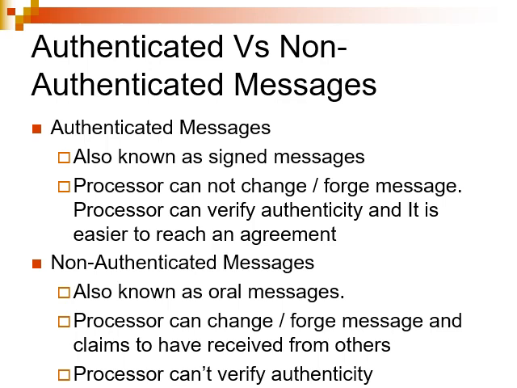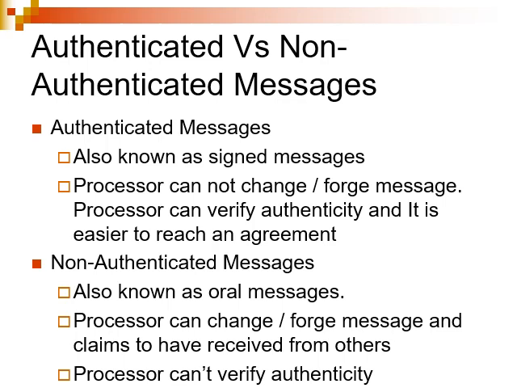It may be signed by digital signatures, or some other cryptographic method can be used to sign the messages, and processors cannot change or forge this type of authenticated messages. A processor can verify the authenticity of the message, and in case of authenticated messages, it is very easy to reach an agreement between the participating nodes in the blockchain or distributed system.